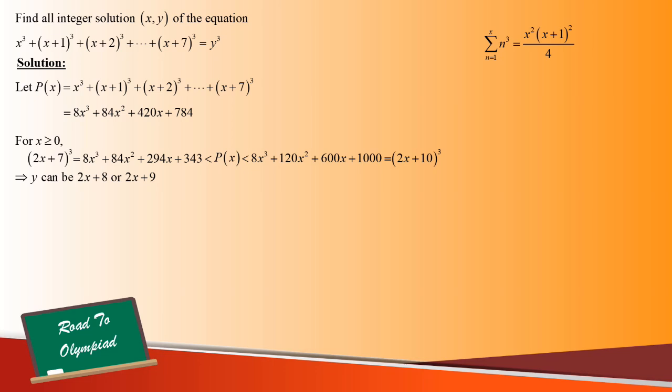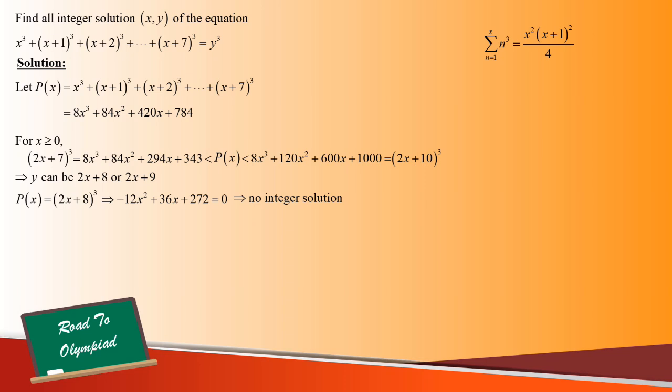However, if y is equal to 2x+8, we have P(x) equal to (2x+8) cubed. This gives us negative 12x squared plus 36x plus 272 equals 0, which we can easily check has no integer solution for x.